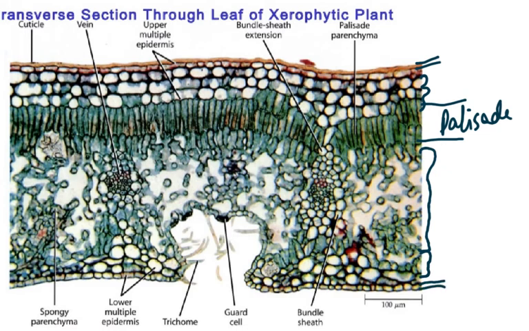So the upper epidermis, which I'm shading in black, and then this part is the cuticle. The part which I just shaded is the non-cellular layer on top.